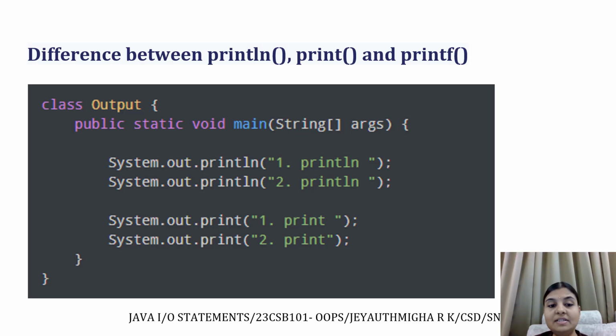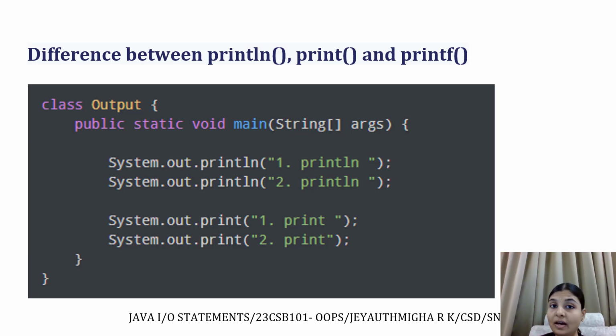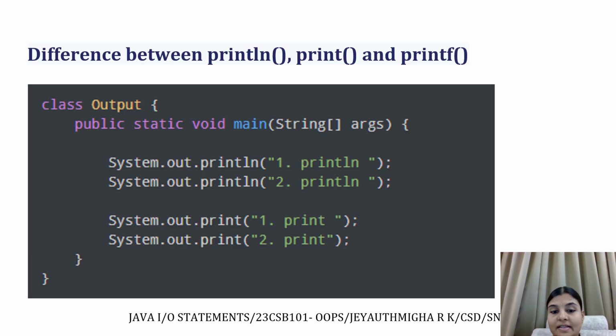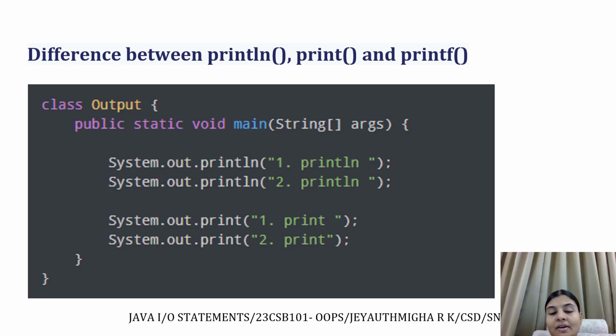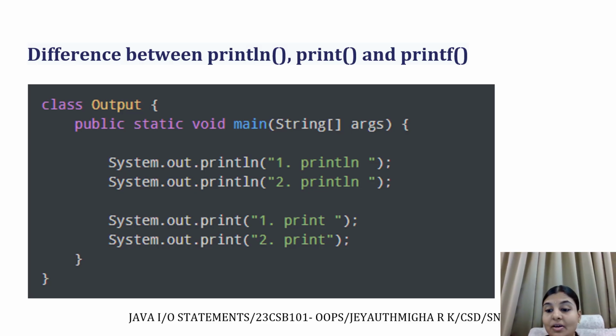Then we have the statement System.out.println "two println", which gets executed and prints on the output screen. And we have System.out.print. Now the cursor, after printing that, moves to the next line, and "one print" gets printed, and the cursor remains in the same line because it is print, so it remains on the same line, and the next line gets executed and "two print" is printed in the same line.